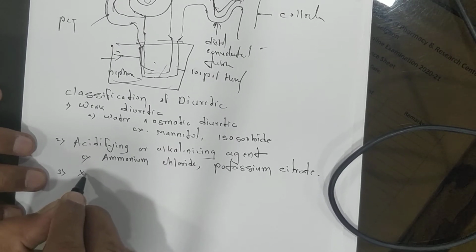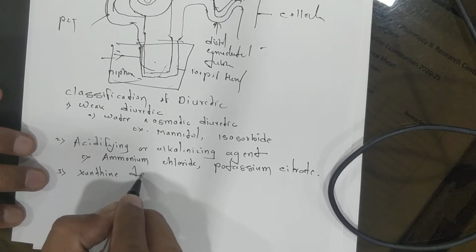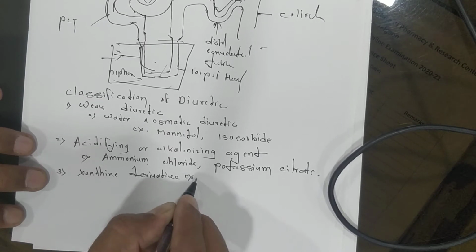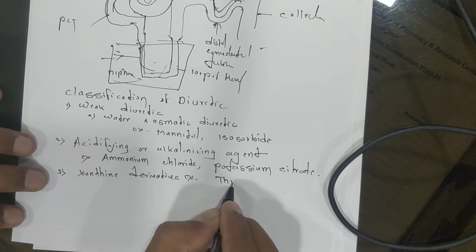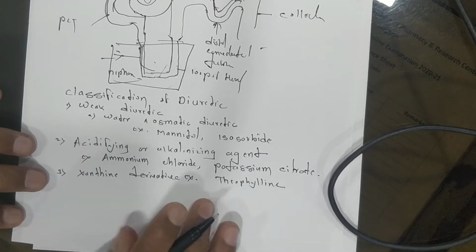Then xanthine derivatives. Example: theophylline. These are the weak diuretics.